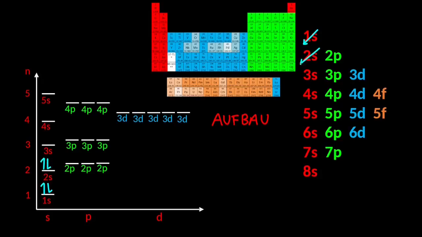And this leads to the second principle, which is Pauli's exclusion principle, which means that electrons are either spin up or spin down, and therefore one orbital can contain at most 2 electrons.